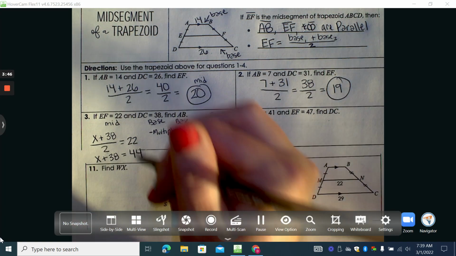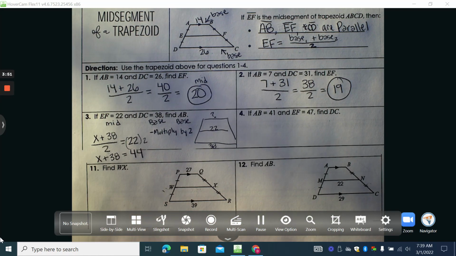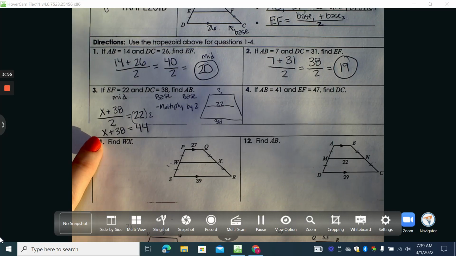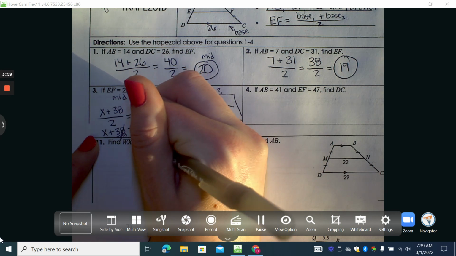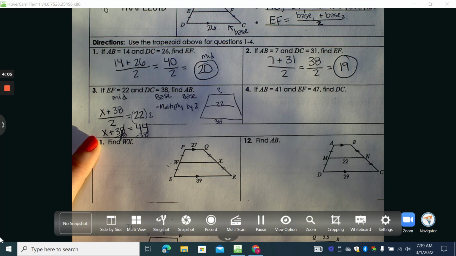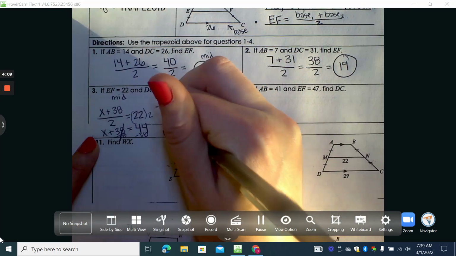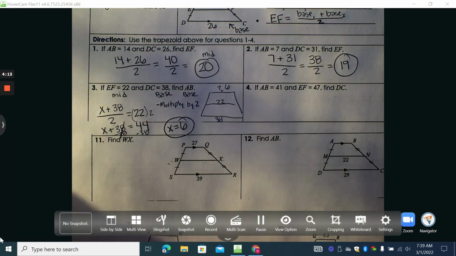So 22 times 2 gives me 44. So I have x plus 38 equals 44. And my last step, I will subtract 38 from both sides. 44 minus 38 is 6. So I have x equals 6. So that would be my base at the top.